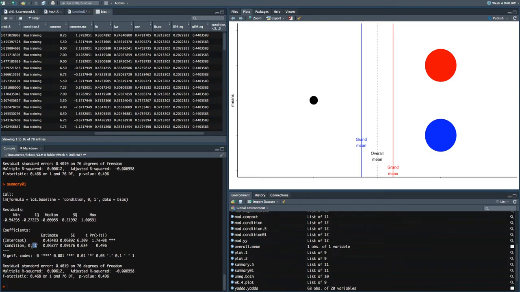If we use dummy coding of 0 and 1, the estimate is the prediction for the group that is coded as 0, and the estimate for the slope is, when you move up 1 unit from condition 0 to condition 1, how much do you expect it to go up or down? In this case, we expect it to go up, because those who had bias training are predicted to have a score higher by 0.06.